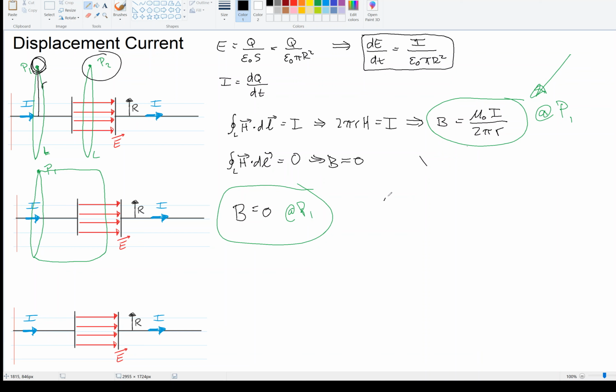Okay, so let's recall that electric flux, and I'll give the subscript E just for clarity, is the integral over S, some surface, of E dot dS. Okay, so we'll define electric flux like that, and then Maxwell suggested adding a term with a change in electric flux to Ampere's law.